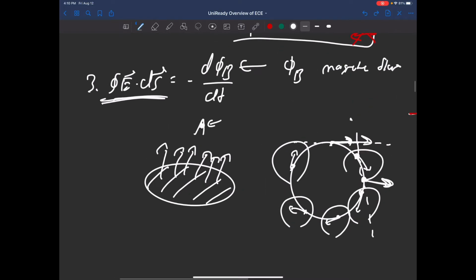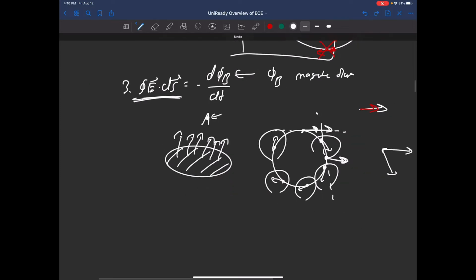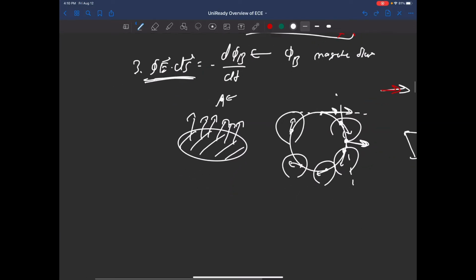You might recognize this as the derivative of the magnetic flux. So what this says is that if you have a closed path and you have a changing magnetic flux on the enclosed area for that closed path, then you're going to have some of this quantity.